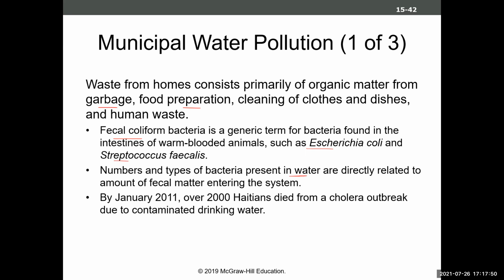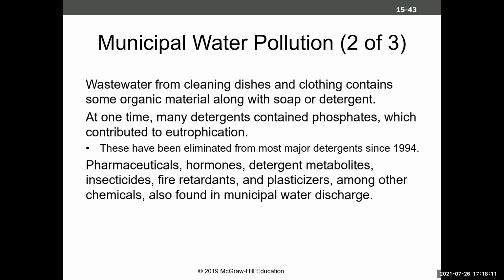bacteria. And so, for example, in January 2011, you had over 2,000 Haitians die from a cholera outbreak due to contaminated drinking water. And again, these are deaths that could have been prevented if they had better access to more efficient sanitation practices, as well as cleaner drinking water accessibility.